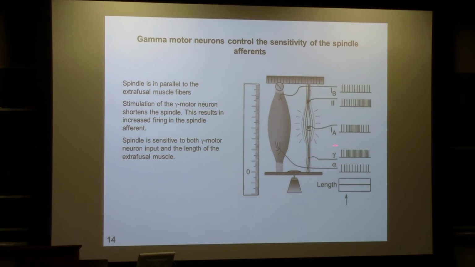And so what the gamma motor neurons do is that they stiffen up, they activate the intrafusal fiber and set this length that says if this length changes beyond this amount, sense it and send that information to the nervous system. It's a threshold beyond which the spindles can sense it. So the muscle spindle is sensitive to both gamma motor neuron input and the length of the extrafusal muscle.